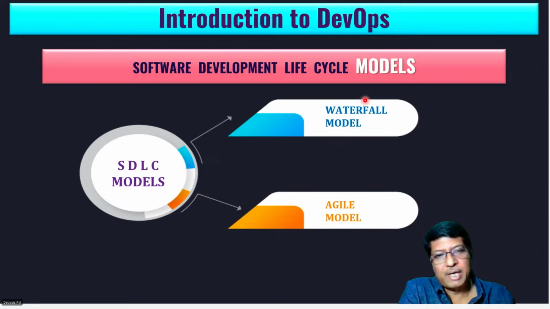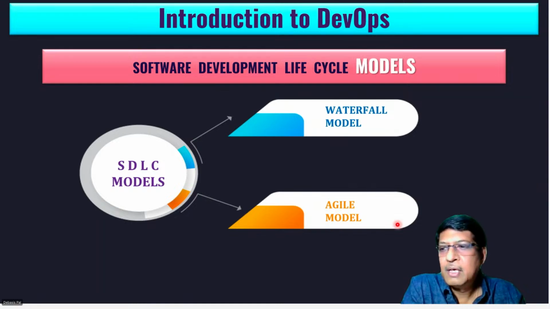We will understand why the waterfall model fails. Then there came the agile model, and with the agile model came DevOps. So what came first, the egg or the hen? There is a big fallacy. Whether the egg came first or the hen, there is no straightforward answer to that. So there is no straightforward answer to whether DevOps came first or agile. I can say DevOps cannot exist without agile.